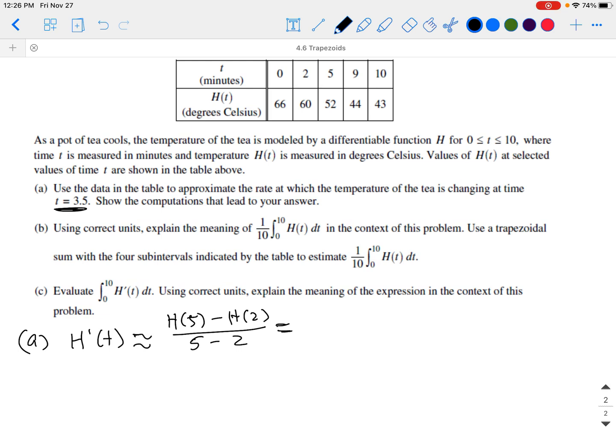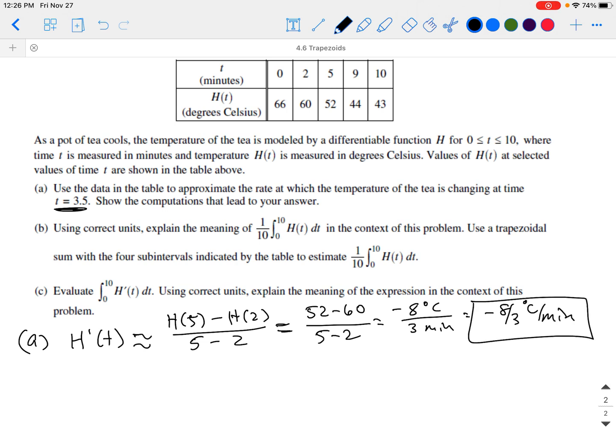So our temperature change is going to be 52 minus 60. And then our time change is 5 minus 2. So it looks like we get negative 8 degrees Celsius over 3 minutes. So our approximation of the temperature change is that it's changing at approximately negative 8/3 degrees Celsius per minute.